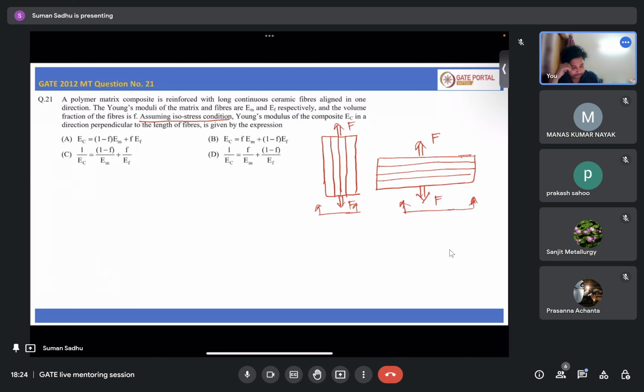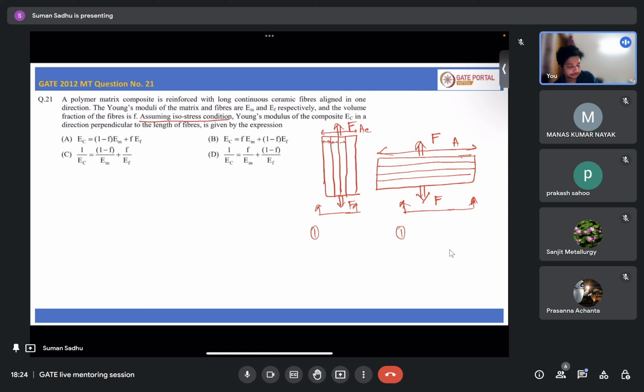So let's say this force F is applied. We are applying force F in both the cases. Now, in the first case, what will be the stress, and in the second case, what will be the stress? Let's say this area is A, and in this case also, this is the area A for the composite, but for the matrix, the total area will be different.